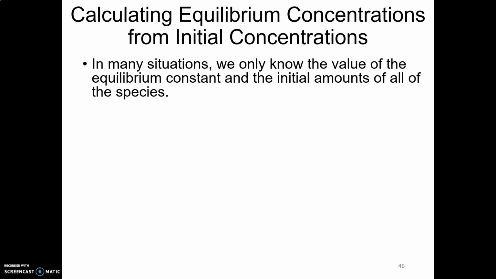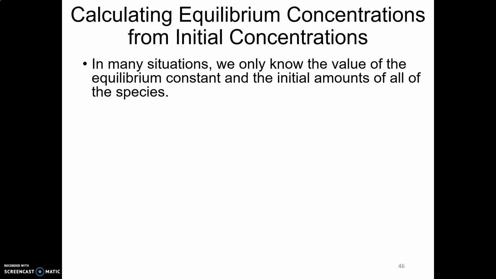If you know initial and equilibrium for the same thing, you can figure out the change. Then we could use stoichiometry to figure out the changes for the others, and then I plus C equals E. Now we have all the equilibrium concentrations, and we can finally plug and chug into the K expression.